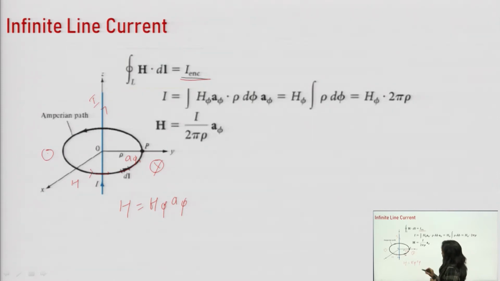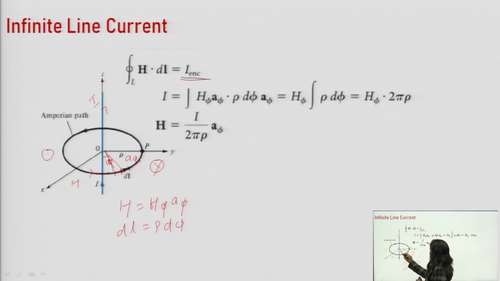If you remember how to write arc length in cylindrical coordinates, you will remember that dl can be written as rho d phi, where rho is the radius of this Amperian path and phi is the azimuthal angle.